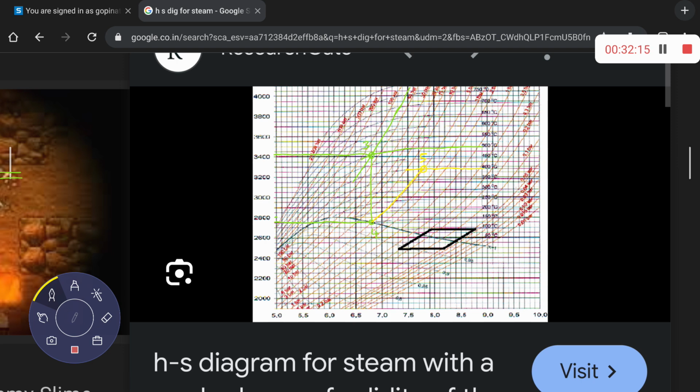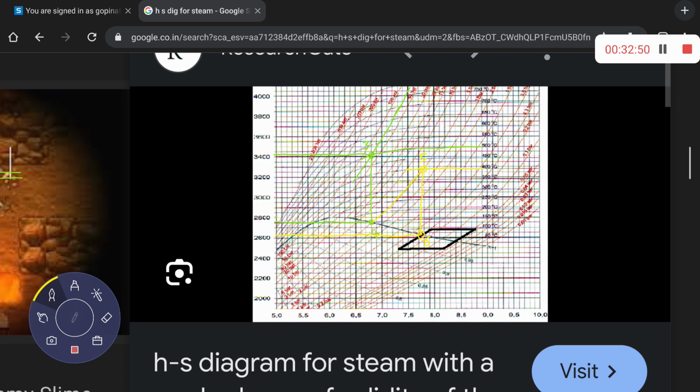How will you calculate H6? Yes, what will we have to do? 5 to 6 is what? It is an isentropic process, a vertical straight line. So first from 5 I will draw the vertical down line, up to the saturated vapor line. That point is your point number 6. And from here we have to project the horizontal.